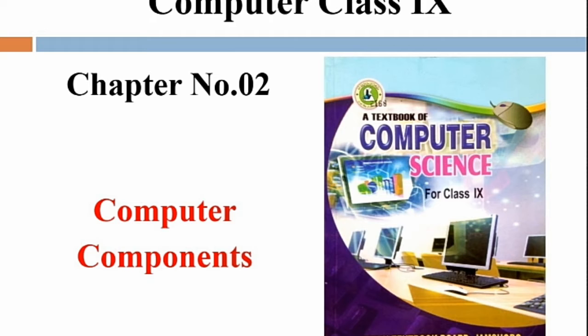Today we are going to start our lesson number 3 of chapter number 2 in the book. But first of all, you will have to take out your textbook and put it in front of you, so it will help you to understand the explanation more clearly.